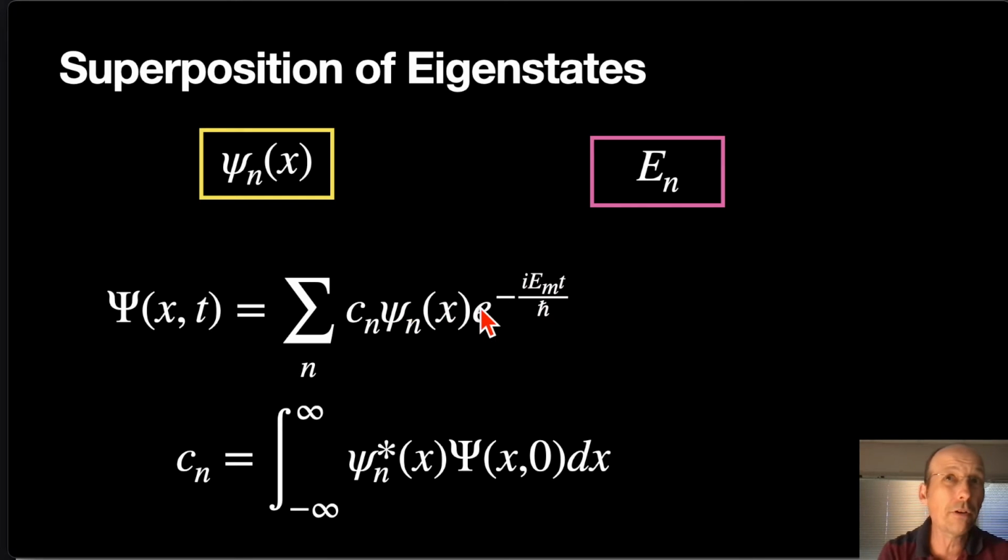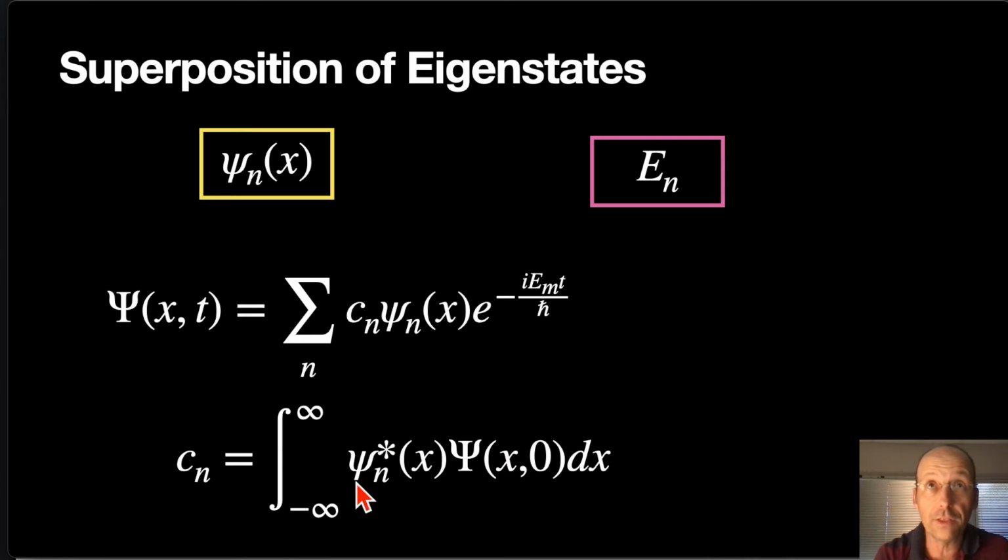So all the time parts are different, and we're going to get this superposition of states right here. Now, how do we find the c n's? Well, the c n's are defined as the integral of psi n, the complex conjugate, times an initial wave function that doesn't have time, at t equals 0, dx.